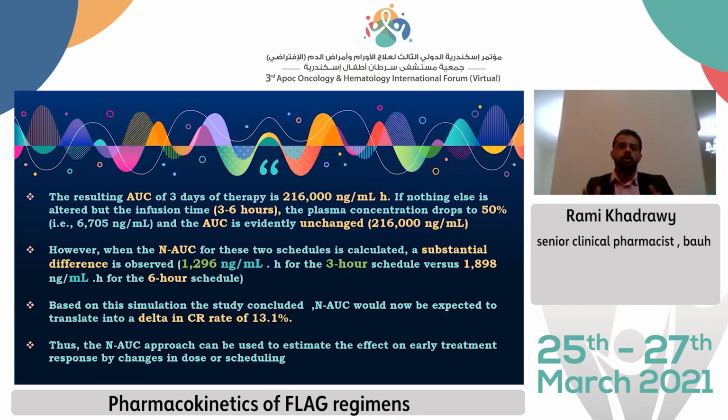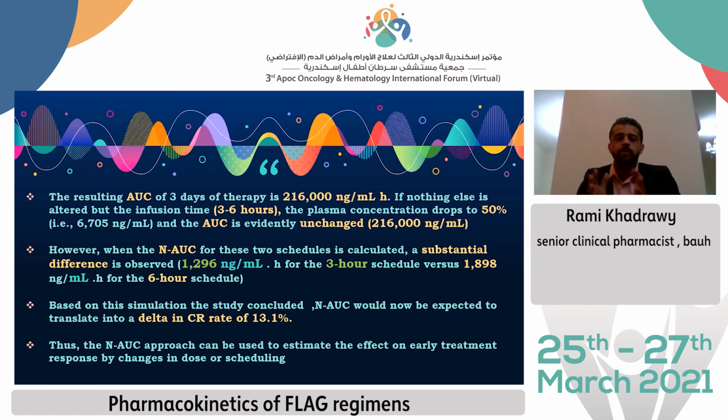If nothing else was altered but the infusion time, from a 3-hour infusion of cytarabine to a 6-hour infusion, with the same dose and same everything, the plasma concentration drops by 50%. The concentration resulted in a 50% reduction, but the 2-fold increase in infusion time resulted in the same area under the curve. The area under the curve evidently did not change, with the same value of 16,000 nanogram per milliliter.